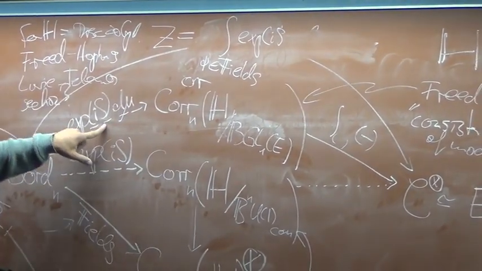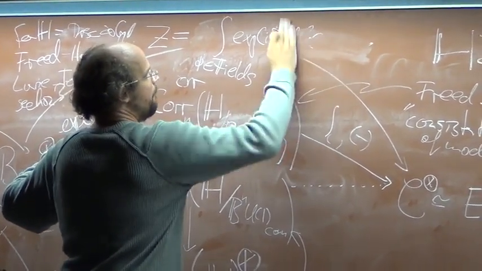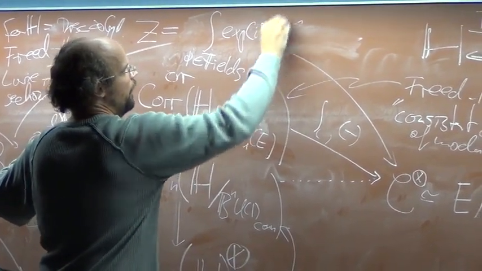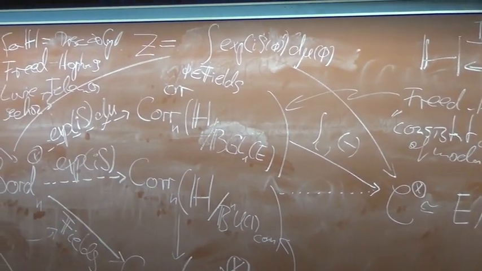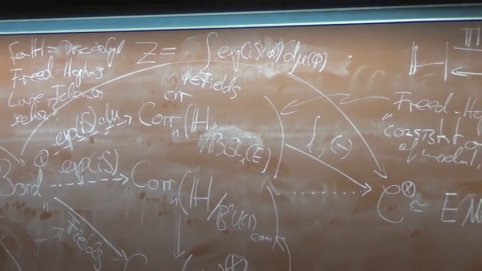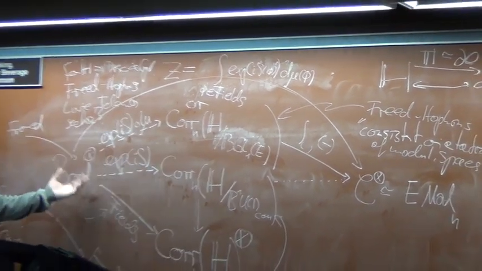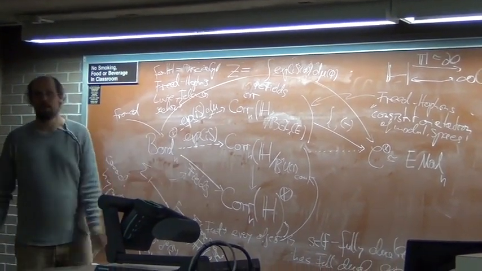I'm just composing these functors: X with S and dμ, integral of e^{iS} dμ(φ). Of course, I'm just playing with the notation, but that's the usual notation for the path integral. And the proposal here is that this is the right way, or maybe a right way, to axiomatize it.